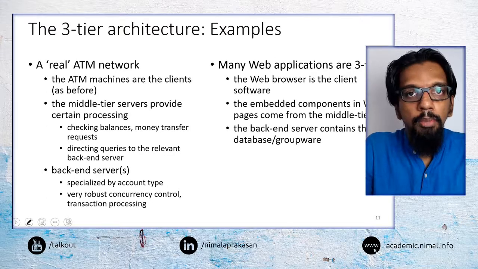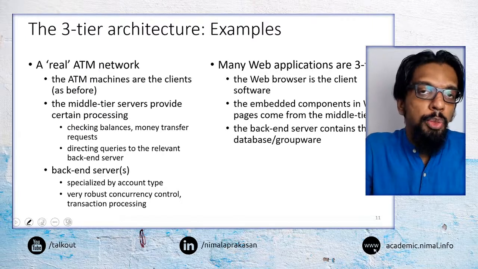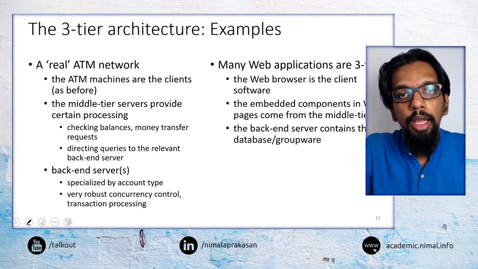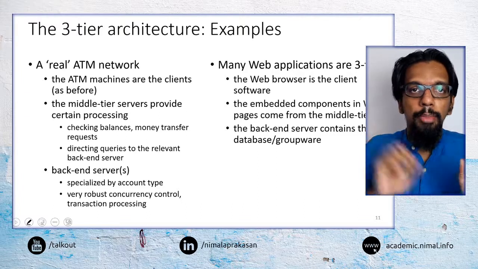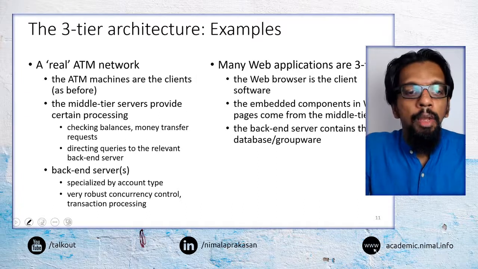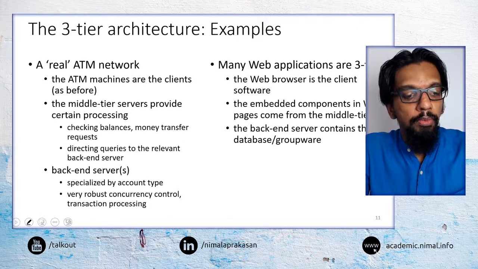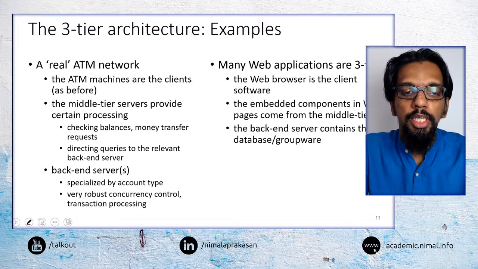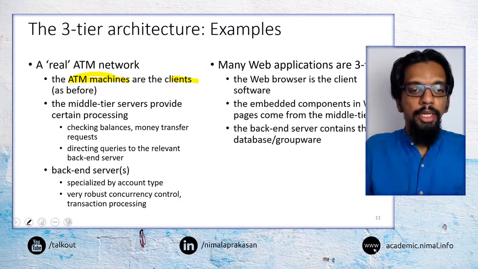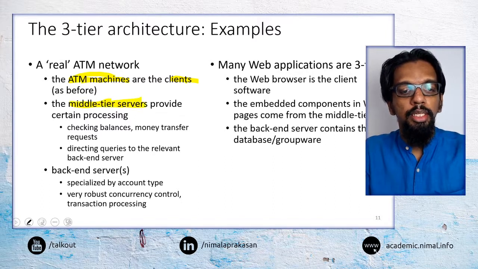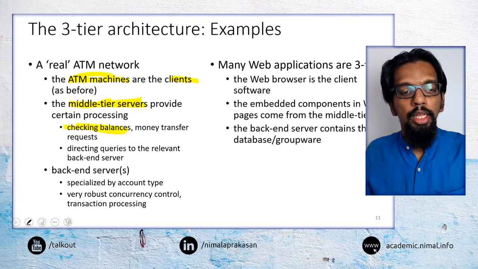If we think about some actual real-world examples of three-tier architectures, take the ATM network. When we were previously discussing ATM networks, we briefly said there will be an ATM and a bank server that it is going to connect to. But in an actual ATM network, it would more likely be an even more complex structure, with the ATM machines being the clients, and then a middle tier of servers that will provide certain banking functionality, such as checking balances.